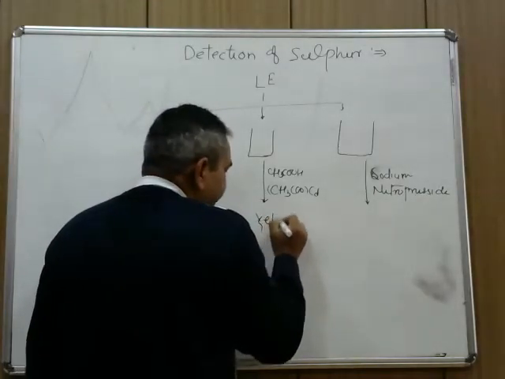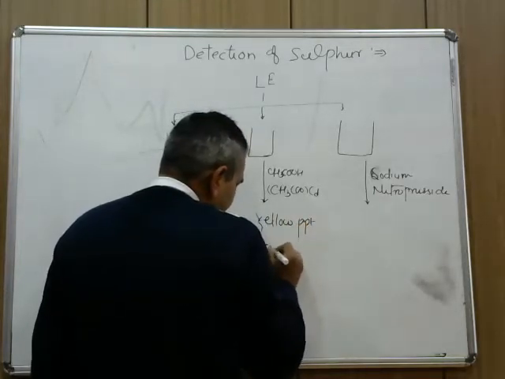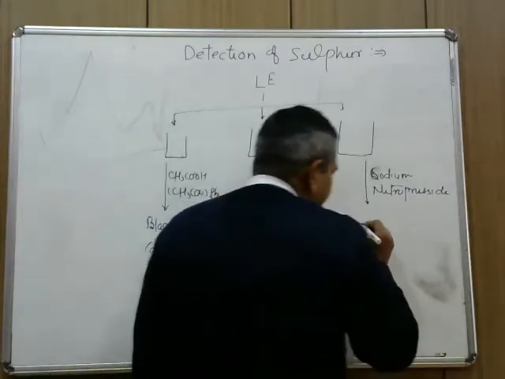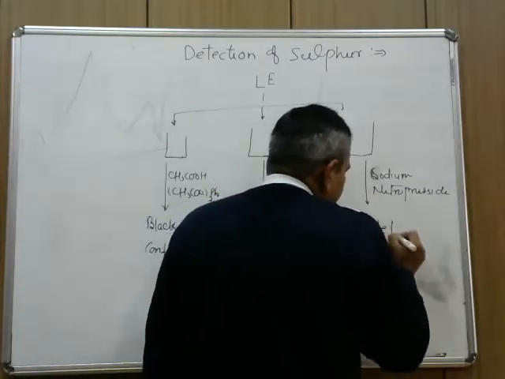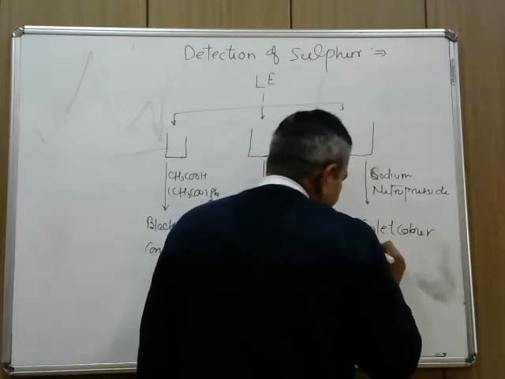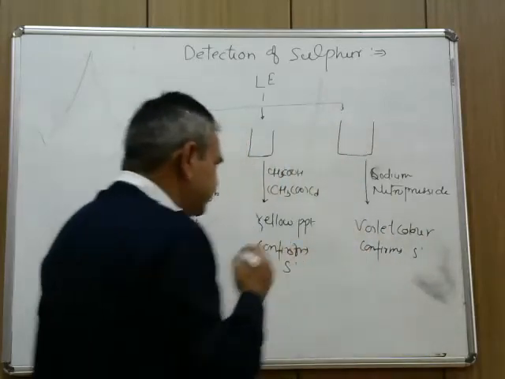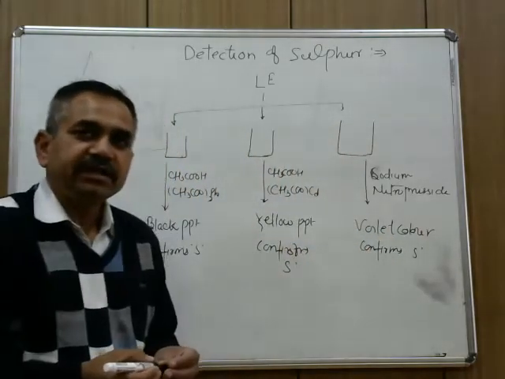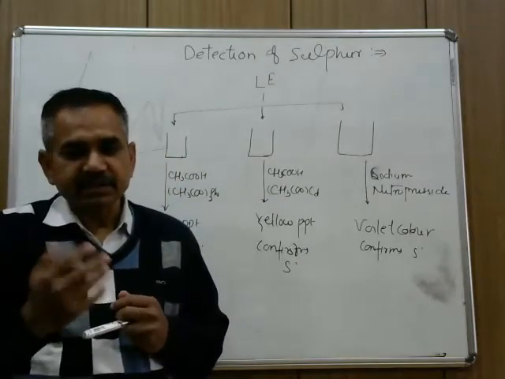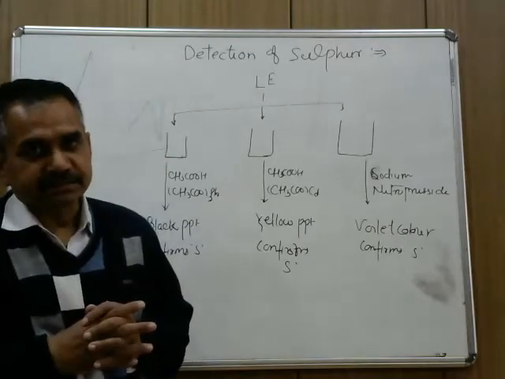Formation of a yellow precipitate confirms sulfur, and a violet color in the third case confirms sulfur. All these 3 tests are confirmatory tests for the presence of sulfur.